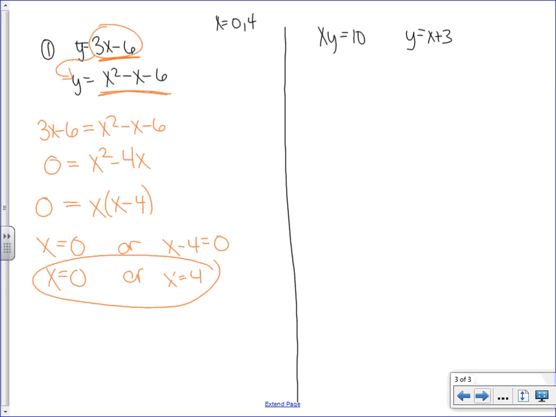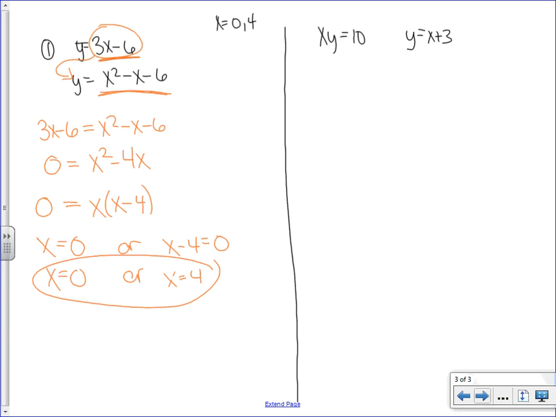I know that we all probably wanted to get these both solved for y, which you can do. But if you do that on the left side, you would have to divide both sides by x, and you get 10 divided by x. That's a fraction that's a little messy. You can work with it, but it's messy. So I'm going to be smart about this, and I'm going to avoid the messy solution.